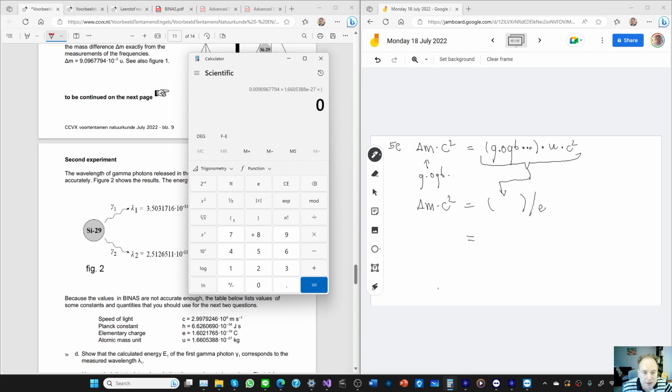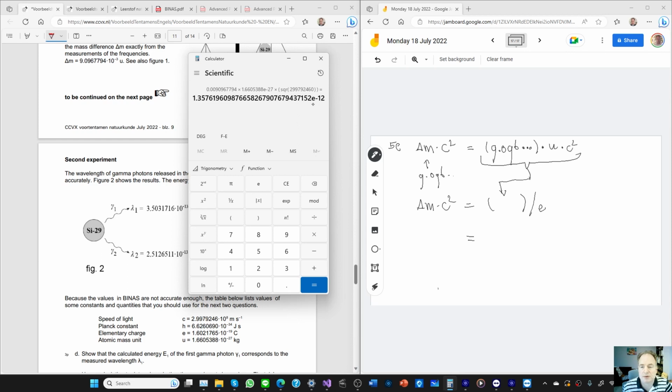Just put parentheses in case. 2.9979246 times 10 to the power 8, squared, parenthesis closed. So that's this.